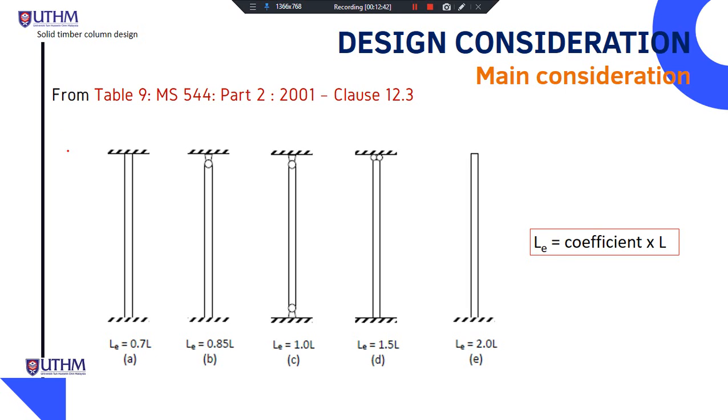So this is the actual length of the column, and the L effective is based on the fixed end condition. So this is case number 1, restraint at both ends. Both ends are restrained in position and in direction.